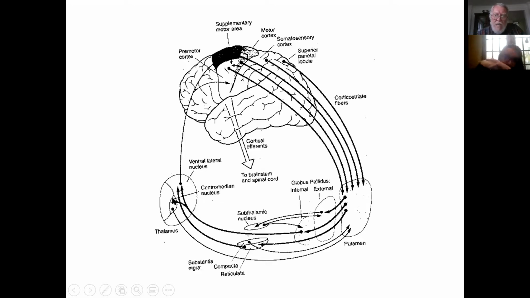Then you're getting output from the centromedial nucleus of the thalamus into the putamen. So in the caudate and putamen, you're getting enormous types of glutamatergic output coming out of all of these cortical areas, the supplementary cortical areas, the diffuse cortex, and motor cortex and somatosensory cortex.